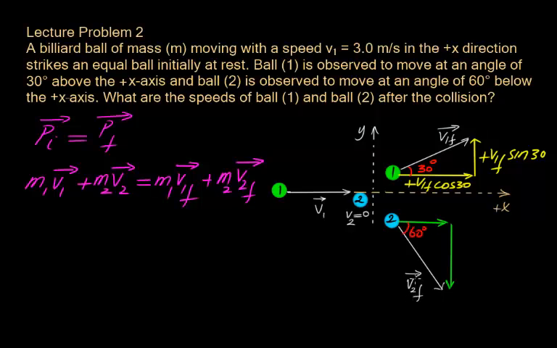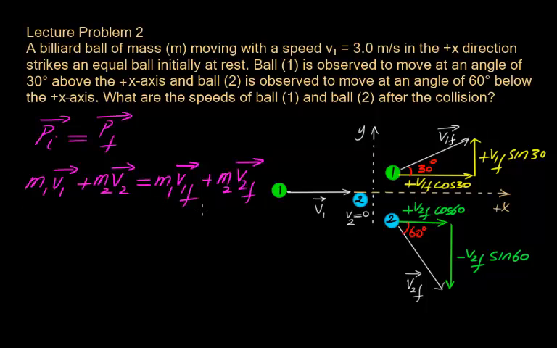The x component for v2 final is positive v2 final cosine 60. However, the y component is negative v2 final sine the angle 60. Clearly, the y component of v2 final is pointing towards the negative y.